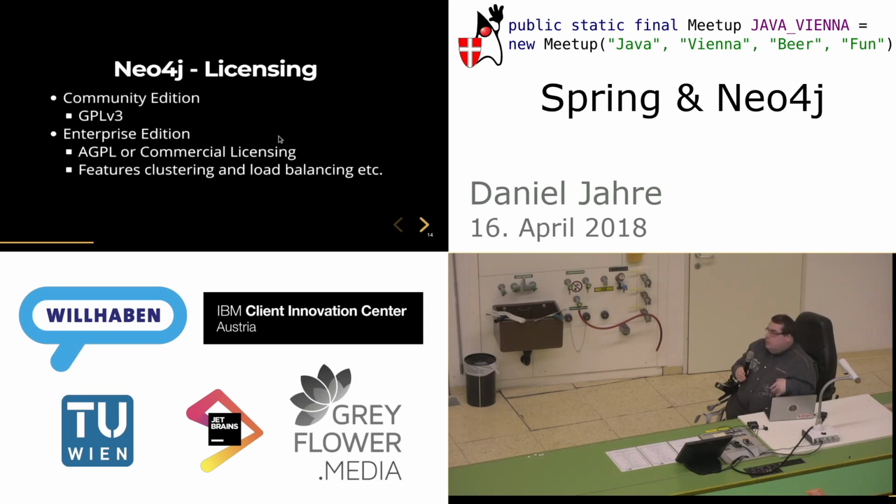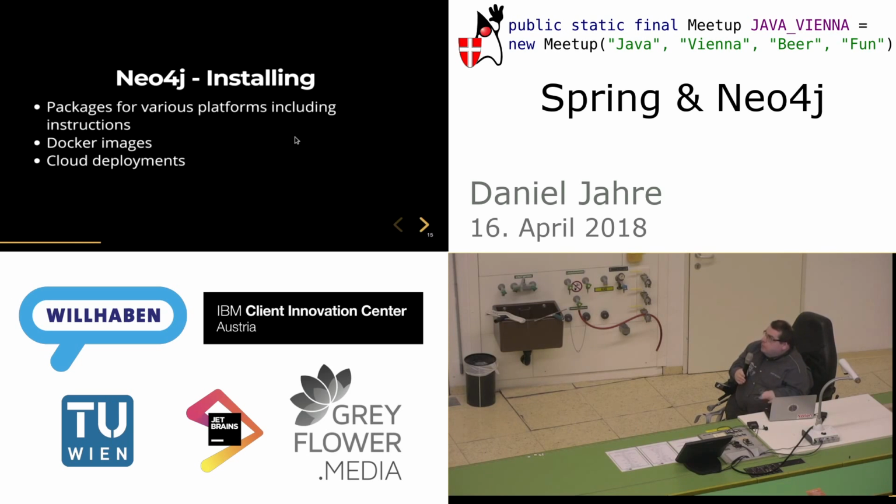But if you want to benefit from the enterprise features like clustering and load balancing, you maybe want to have a commercial license anyway, so this shouldn't be a big issue. The community edition has some limits, but I haven't figured out what the limits exactly are. It should be good enough to start with.